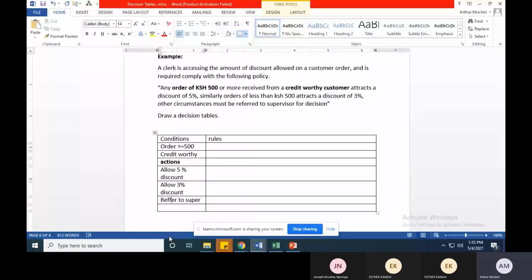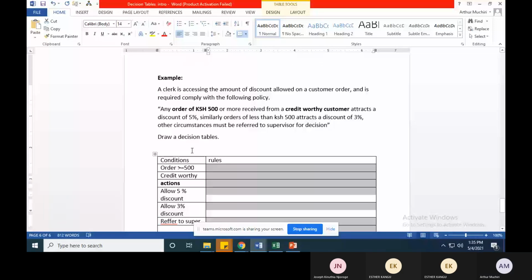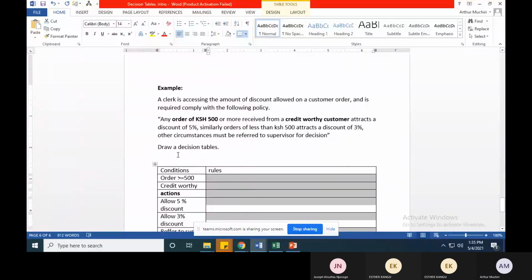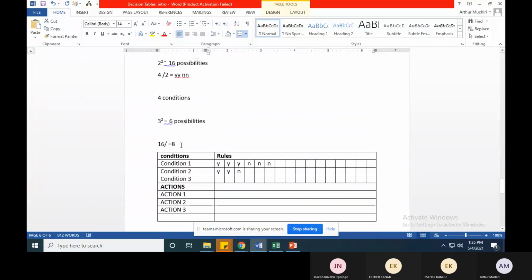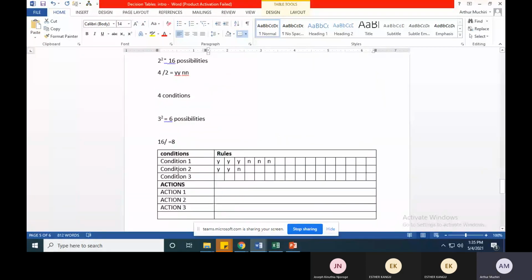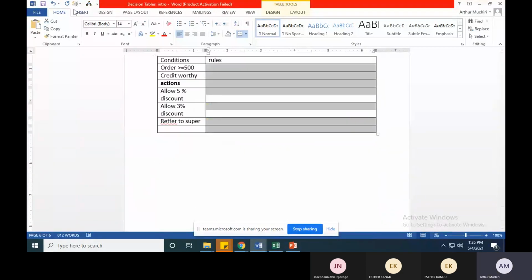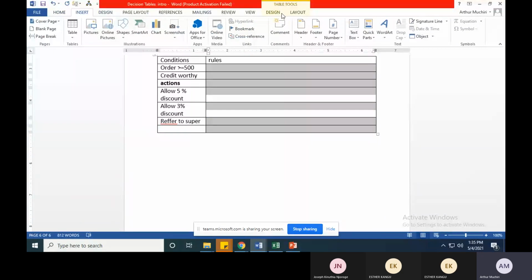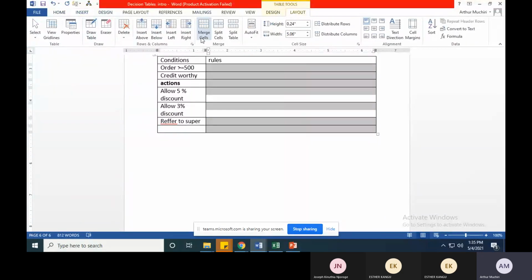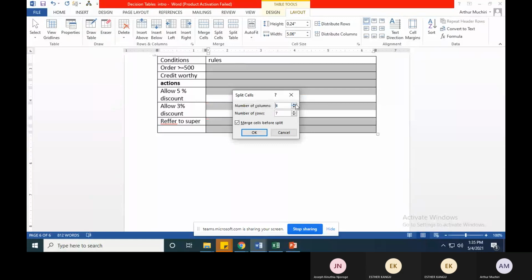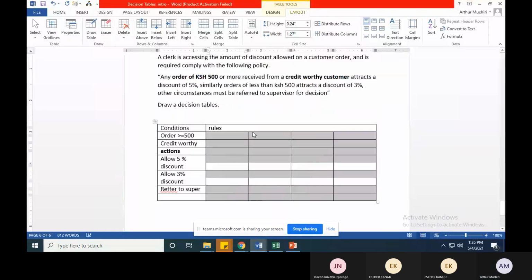So how many rules do you have? So we're going to divide this table into 4 columns, because we are going to say 2 conditions, 2 raised to 2 itakuwa ni 4 columns. So tutasema layout, and then we split cells for 4 columns.